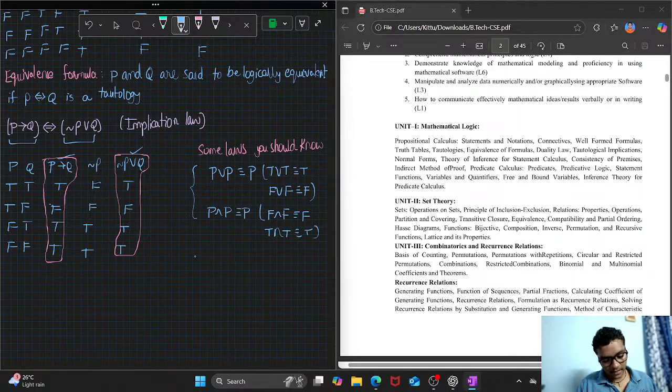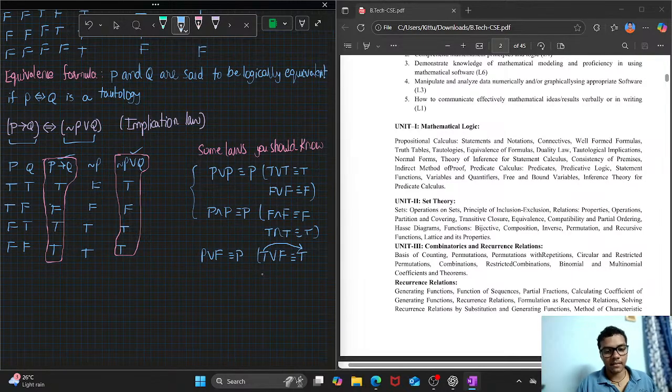And you know the associative law, you know the commutative law, you know the distributive law, and I'm not going to say those things now. So P or F is equal to P because T or F is equal to T, right? It actually is the same value as P here.